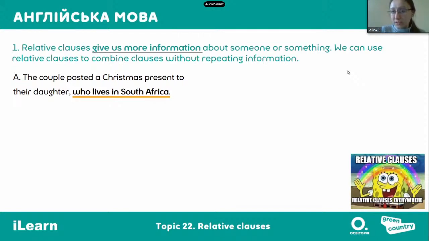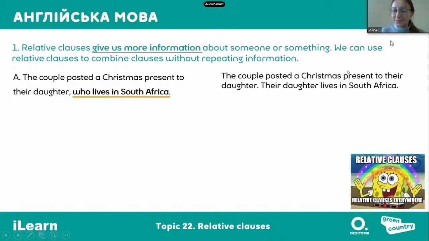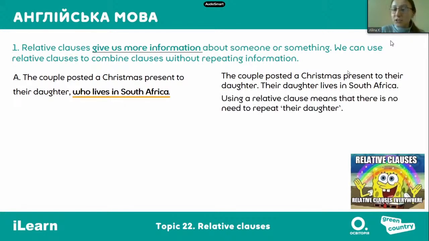Why do we use it? Actually, we can put the same sentence in two short sentences. But in order not to repeat the same word, daughter, we can combine these two sentences into one complex sentence by using relative pronouns, like in these relative clauses.